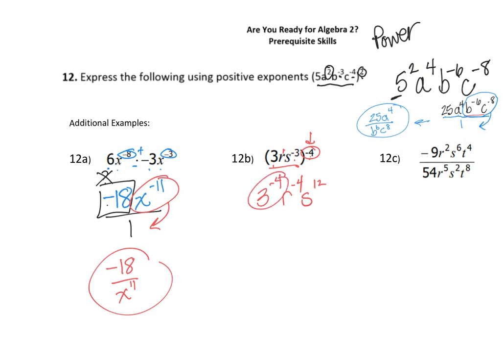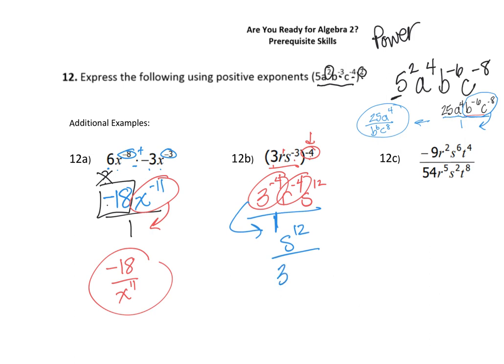Now, what is 3 to the negative 4th power? This is not a negative value. It has a negative exponent, just like r to the negative 4th does. It means, hey, please move me to the denominator so I can be positive. Remember, I always think that these things are talking to us. So both of these things need to move to the denominator. That would make this s to the 12th on the top, the only thing that gets to stay.